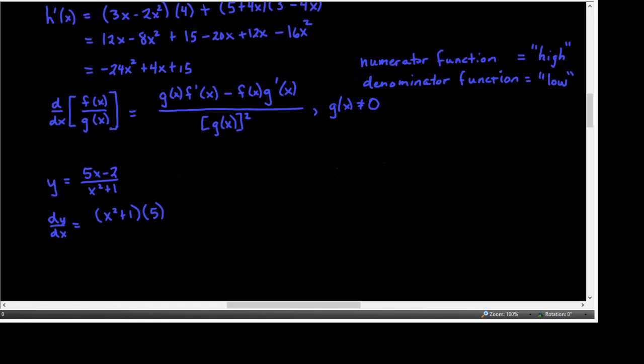Low d high, which I already have, low d high minus high d low all over the square of low. So let me double check to make sure I got everything right. Low d high minus high d low all over the square of low.